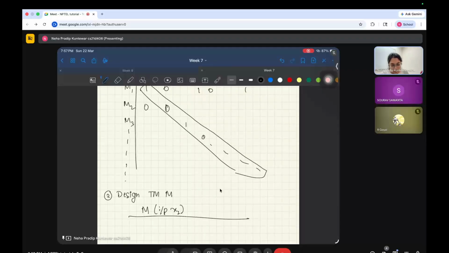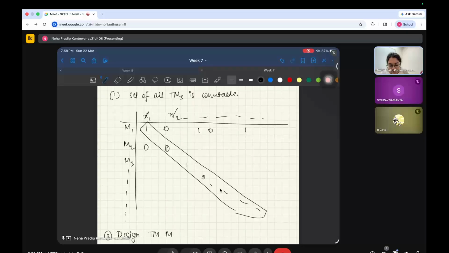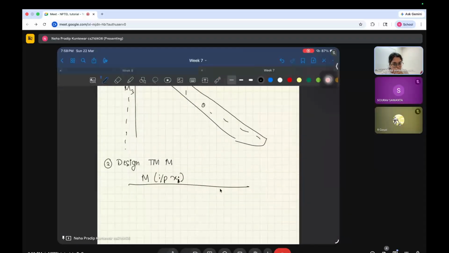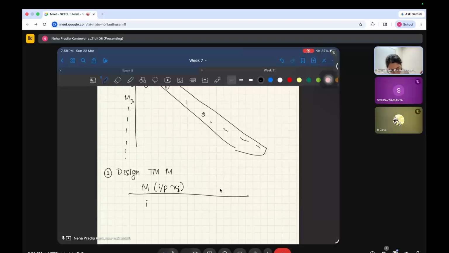These are countable, right? So I can have some numbering to it. This is my first input, second input, and so on. So M on input Xi does the following: if Mi halts on Xi, which basically means that the entry of (Mi, Xi) is 1, then we are going to loop.